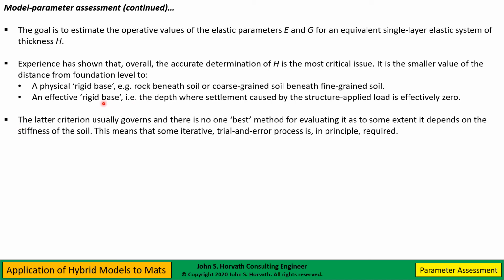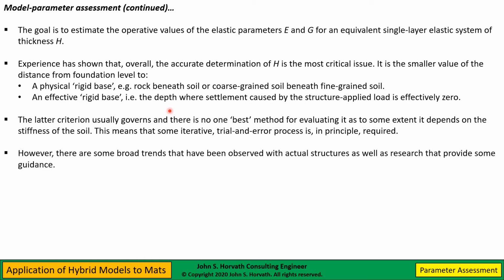And I found that in most cases, this is what governs. There's no one best way to do this, as to some extent it does depend on the stiffness of the soil, which means some sort of iterative trial and error process is required. But obviously it's doable, or I wouldn't be talking about this here today.